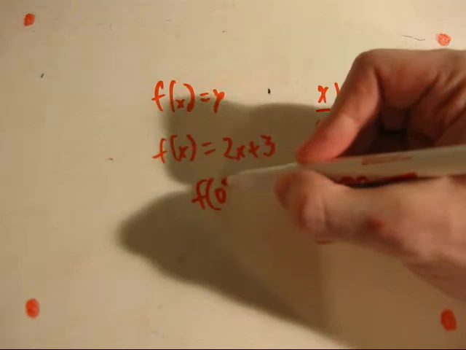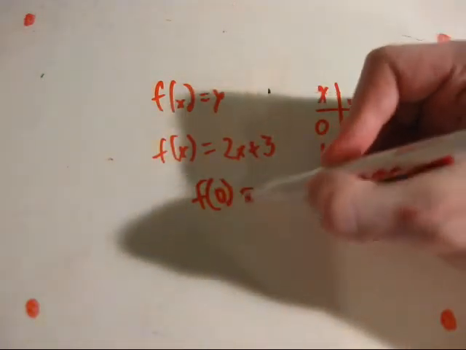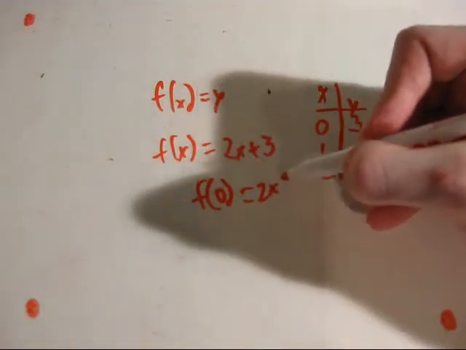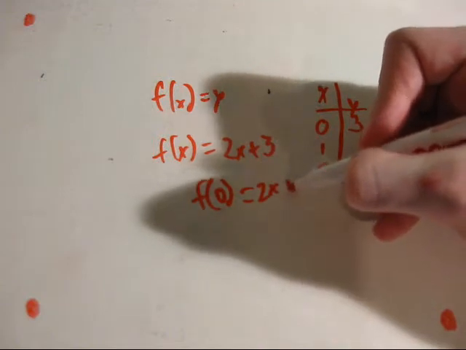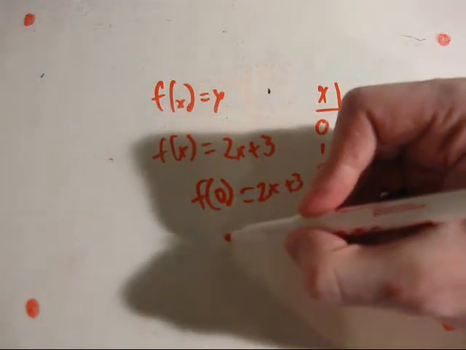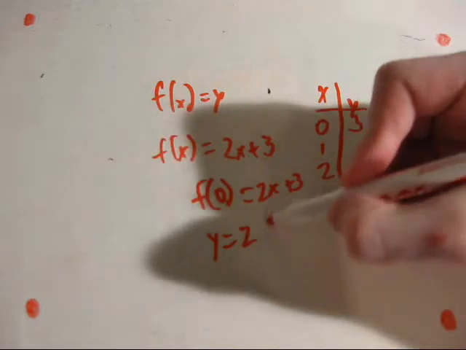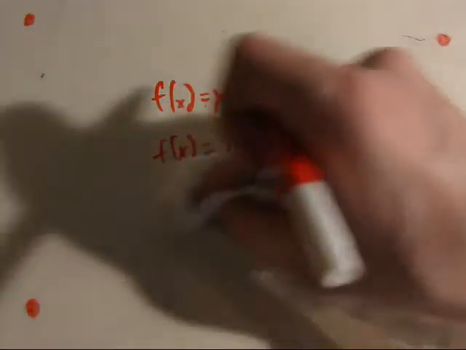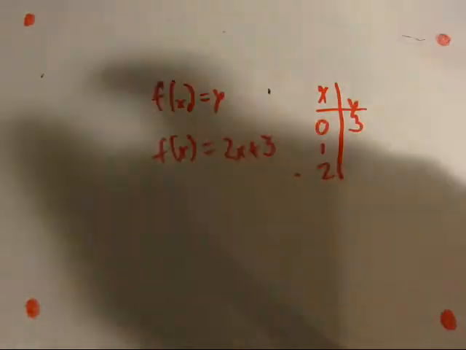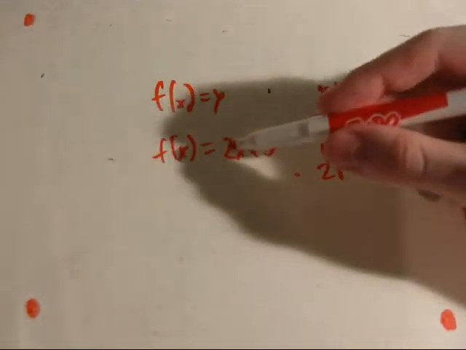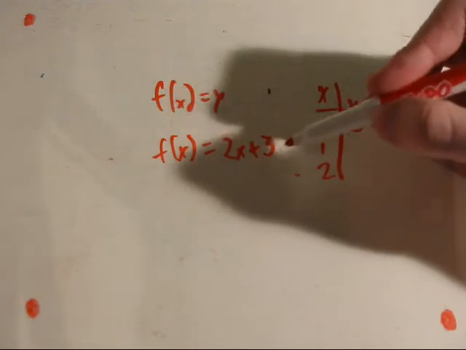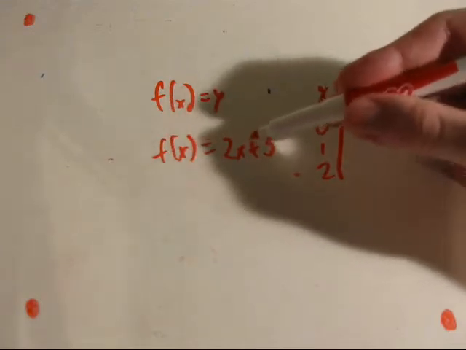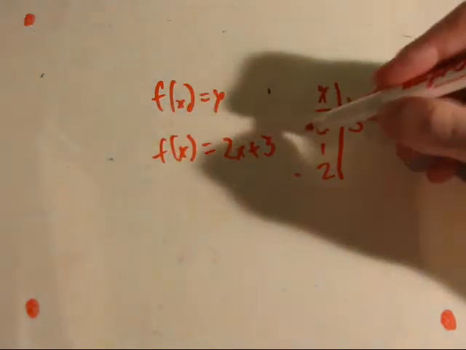So if you've got a problem telling you to do f of 0 is equal to 2x plus 3, they're just asking you to do y equals 2 times 0 plus 3. Next we've got 1, so f of 1 is equal to 2 times 1 plus 3. 2 plus 3 is 5.